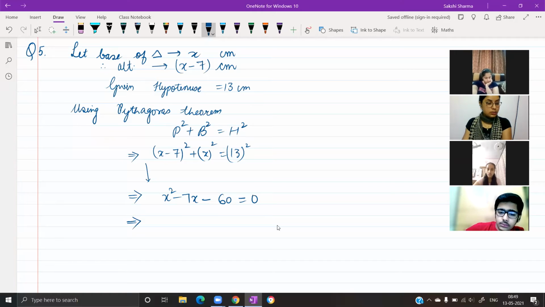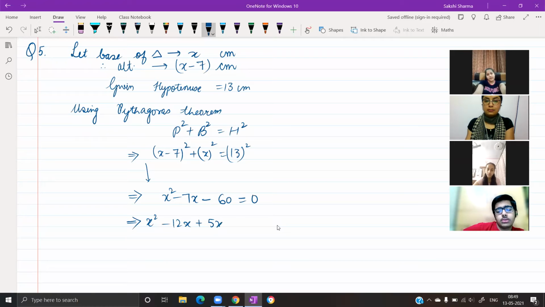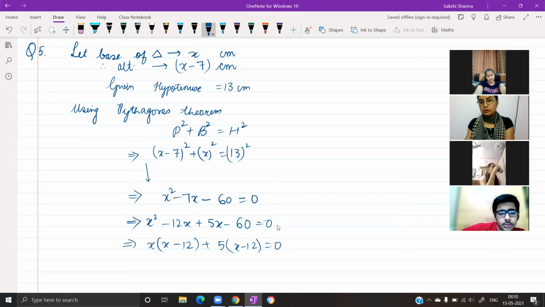Ashpreet, by the time the students are doing the simplification, help me split the middle term. x square minus 12x plus 5x minus 60. Regrouping the terms, we have x into x minus 12 plus 5 into x minus 12 equals to 0.